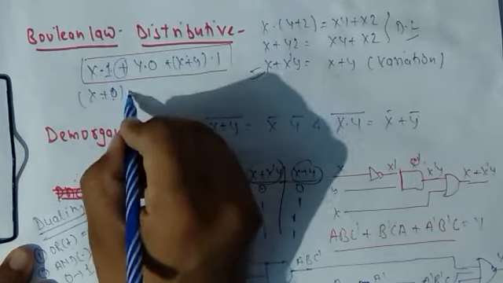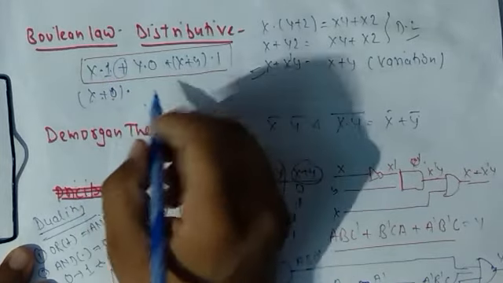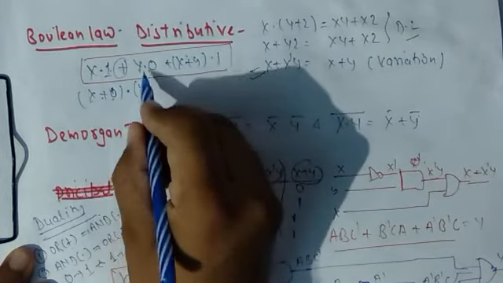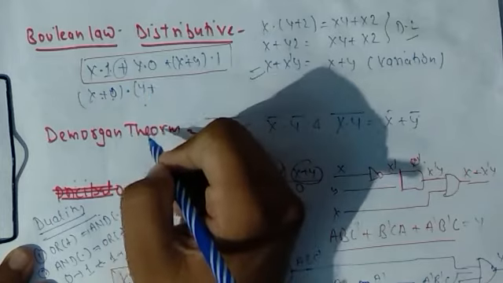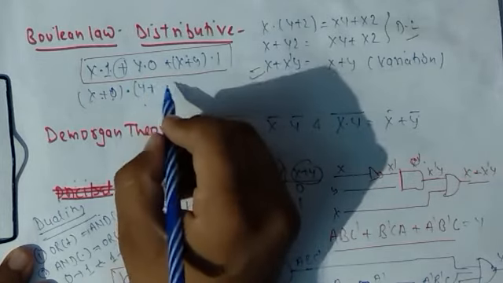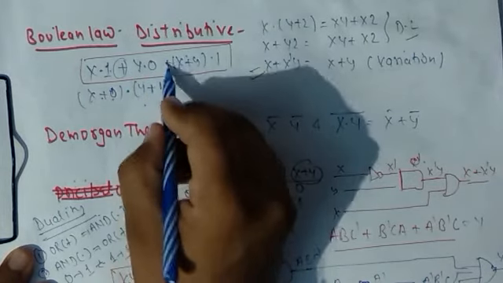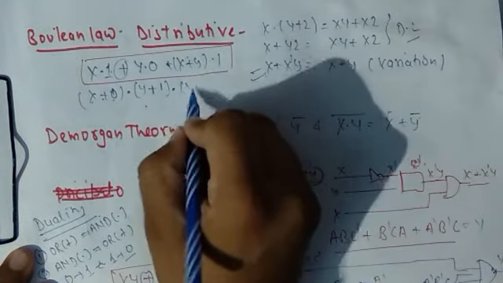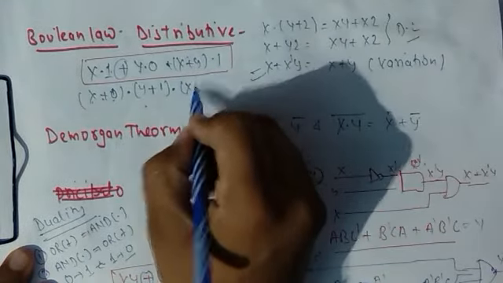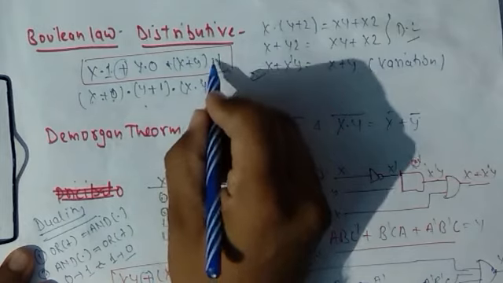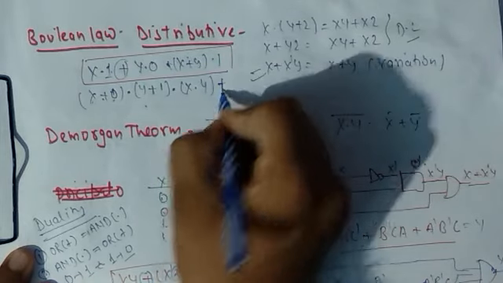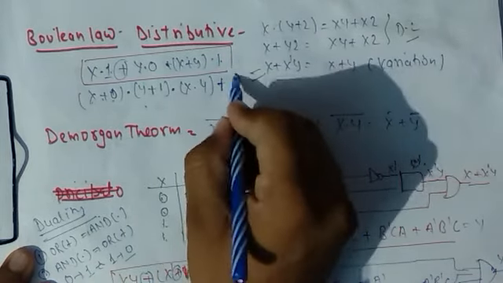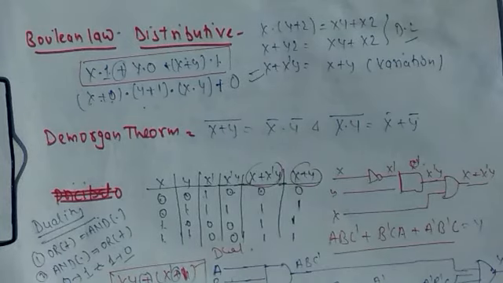This plus is converted into dot. Y stays, dot is converted into plus, 0 is converted into 1, this plus is converted into dot. Then x, this plus is converted into dot, this is y, and this dot is converted into plus, 1 is converted into 0. Now this is the dual of that particular expression.